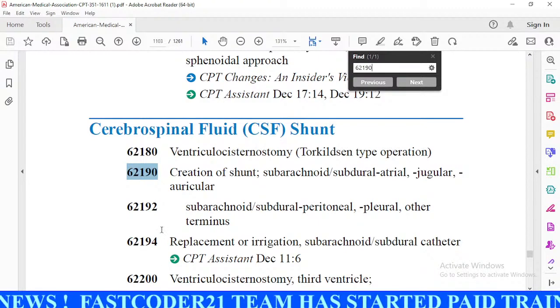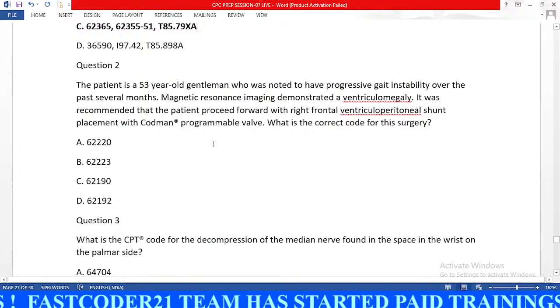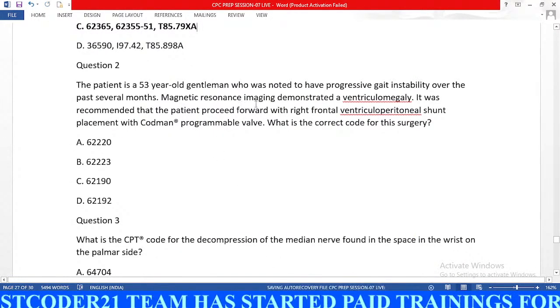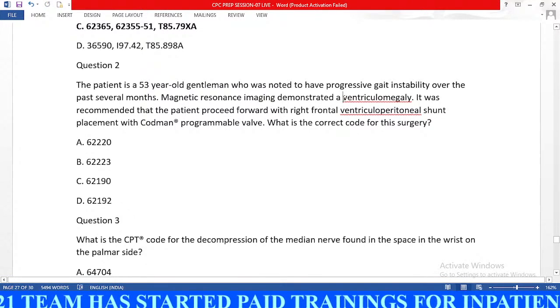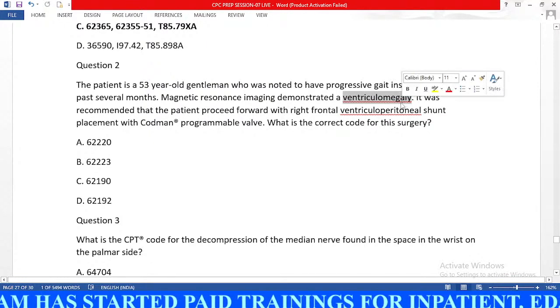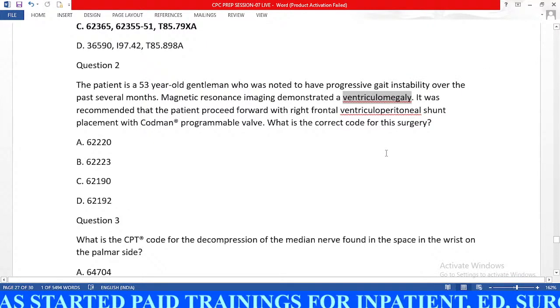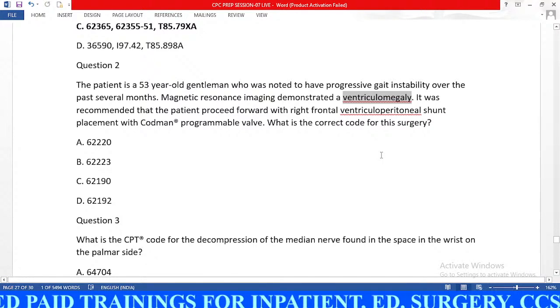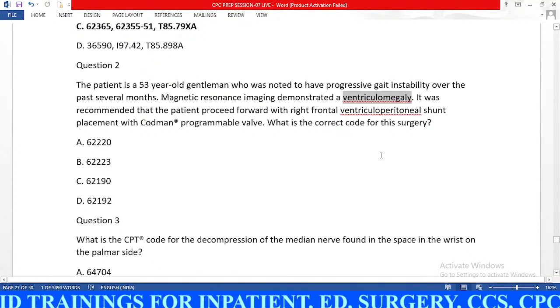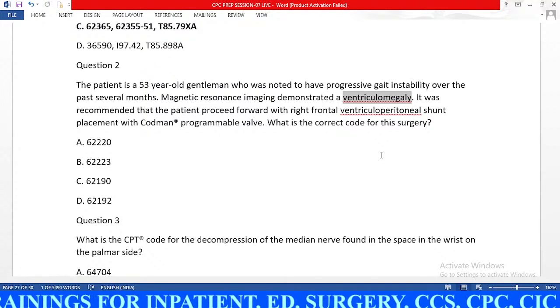62190. So here we will check the keywords first. The patient is a gentleman. Here gait instability, imaging. Ventriculomegaly means enlargement, so the patient's ventricle is enlarged. If there is ventriculomegaly, the physician will insert a shunt.